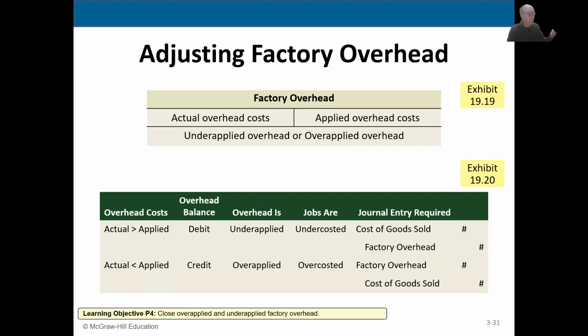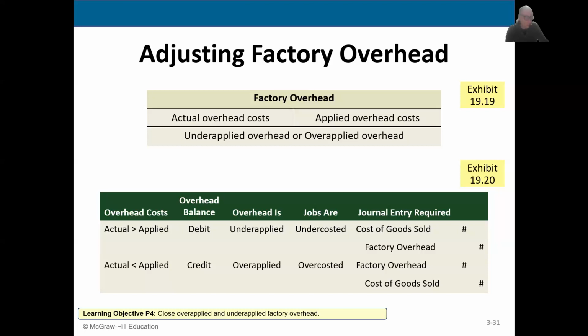If the actual overhead amount comes in higher than the applied or the estimated amount, we consider this to be under applied. That makes sense because actual is greater than the estimate. You didn't put enough percentage.